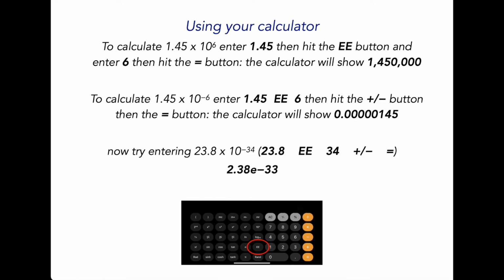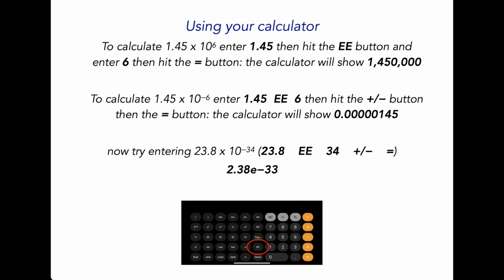Now suppose we had entered 23.8 times 10 to the negative 34. So we enter 23.8, exponent button, 34, plus or minus, equals, and the calculator tells us this is 2.38e to the negative 33.